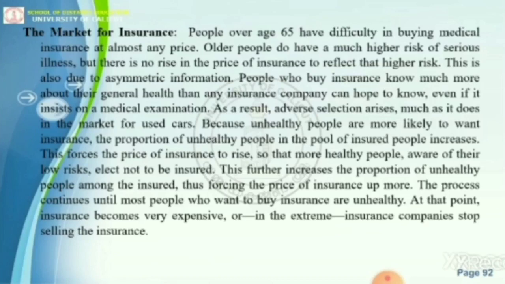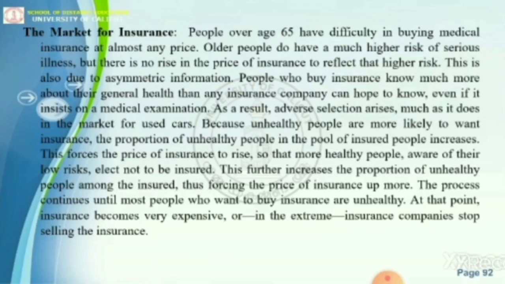As a result, adverse selection arises much as it does in the market for used cars, because unhealthy people are more likely to want insurance. The proportion of unhealthy people in the pool of insured people increases. This forces the price of insurance to rise so that more healthy people, aware of their low risks, elect not to be insured.